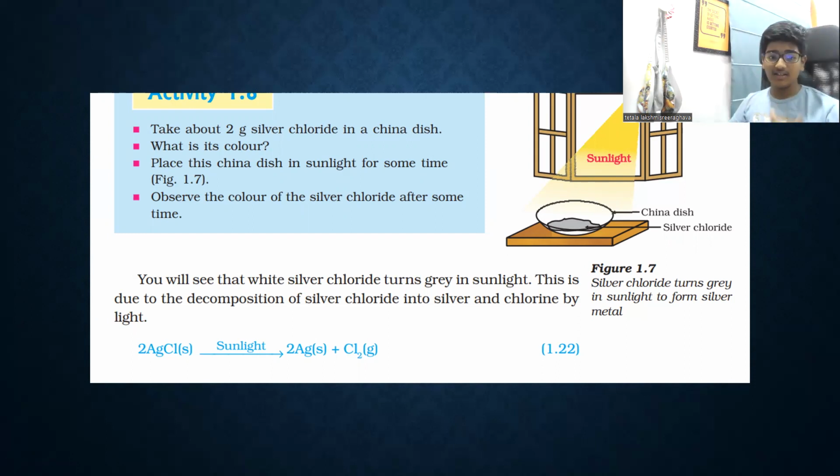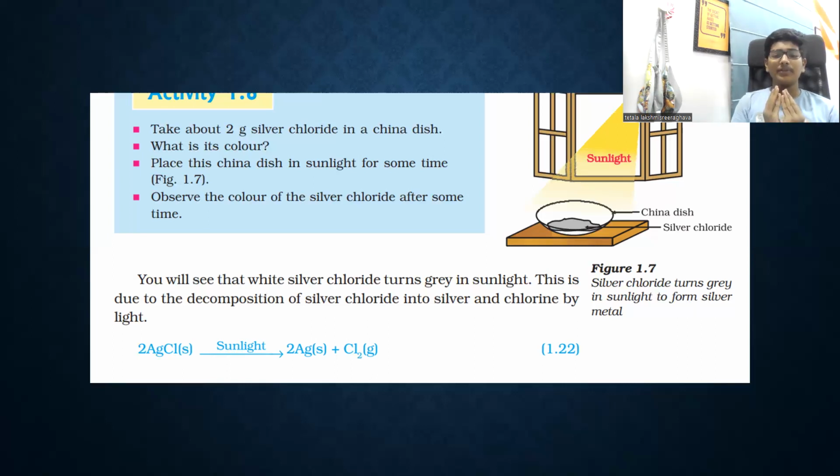What is its color? Place the china dish in sunlight for some time. Observe the color of the silver chloride after some time. Okay, here we have the answer. You will see that the color of the silver chloride, AgCl, is white, and it will turn into gray when it is kept in sunlight for some time.